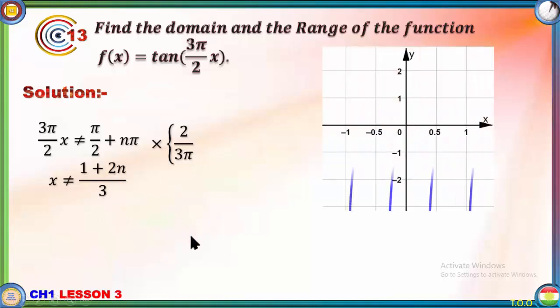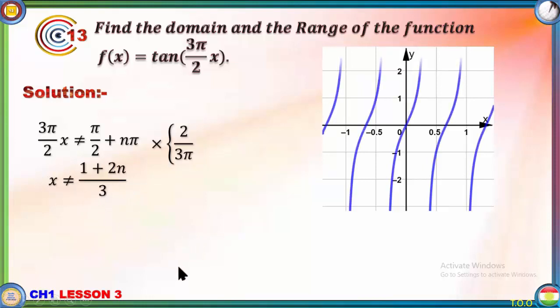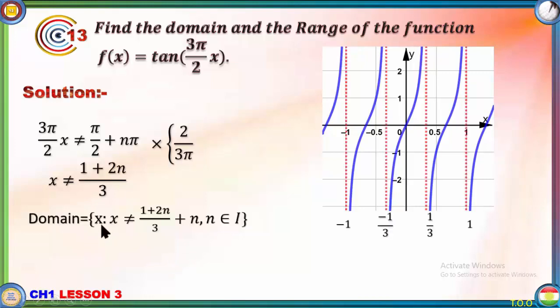As you can see here, these are the vertical asymptotes. The domain is all real numbers x when x is not equal 1 plus 2n over 3 for n belonging to the integers, but the range remains all real numbers.